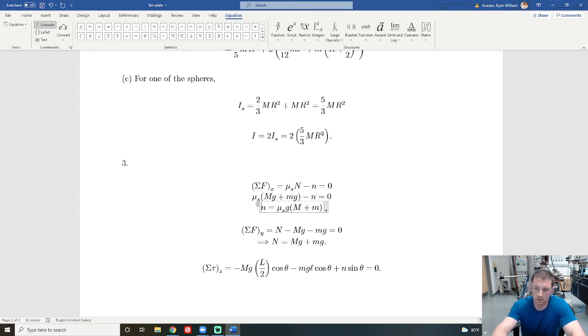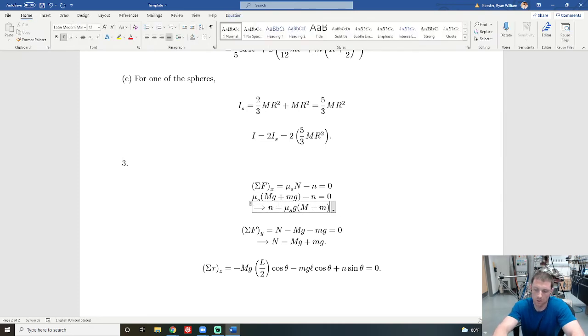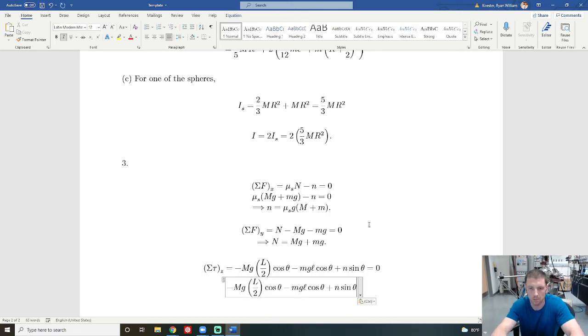Okay. So we're kind of getting somewhere. Now we have to take the result that we found for little n and plug it into our torque equation. So nothing about the first two terms here will change. So I'll copy and paste those. Then we have to substitute for this term, right?